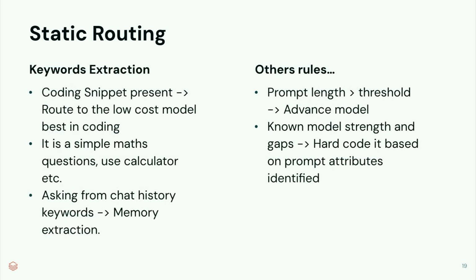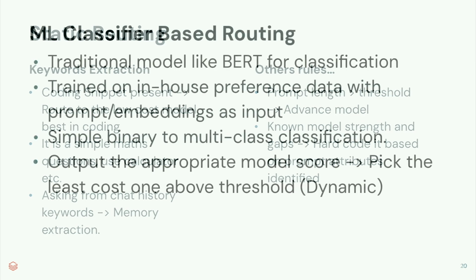Similar to that, we can have keyword-based extraction: if it is a coding-related thing, you understand there are certain code aspects in the query. That means you know which model to reroute it to for the highest and optimal performance. And then you can have different custom rules, like length and finding different attributes within your prompt, and say, okay, this belongs to reasoning. Let me find the reasoning model rather than just calling the default model.